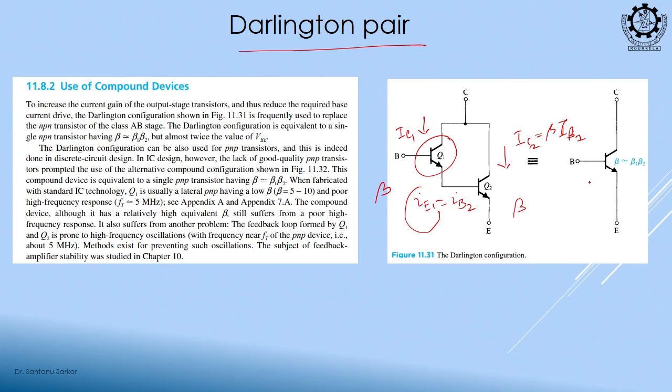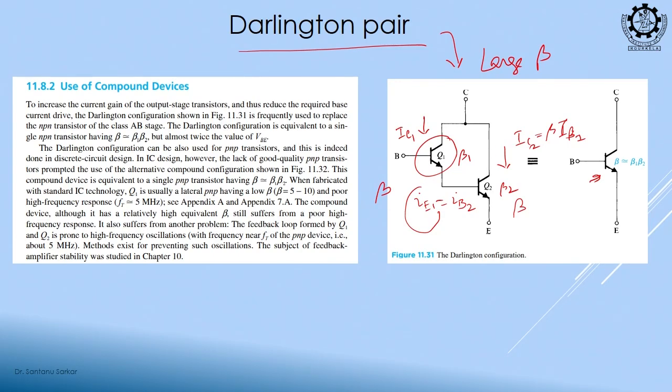Suppose we are thinking that if we can replace these two transistors with a single transistor, then its beta should be the multiplication of these two. So, this Darlington pair, you can understand, it is providing a large beta. Clear?